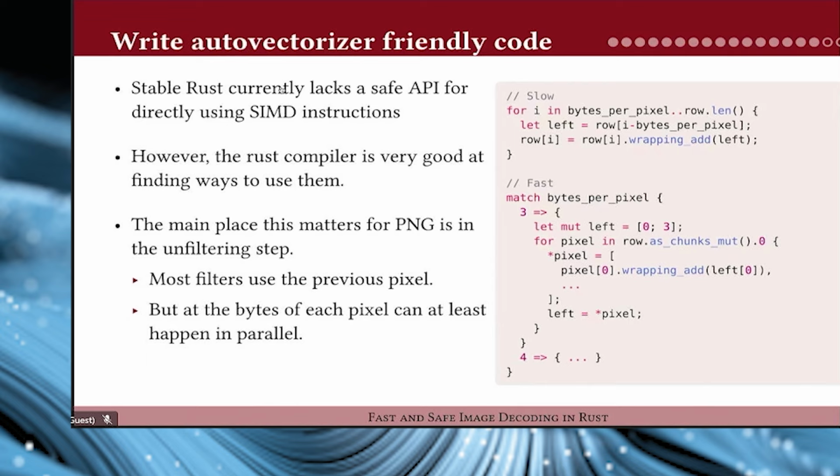Question: is array bounds checking an issue in any of this code? That's actually a good point. One thing I should also mention to make this auto-vectorization friendly is that when you use iterators in Rust, frequently you say, I want to iterate until we get to the end of this array.